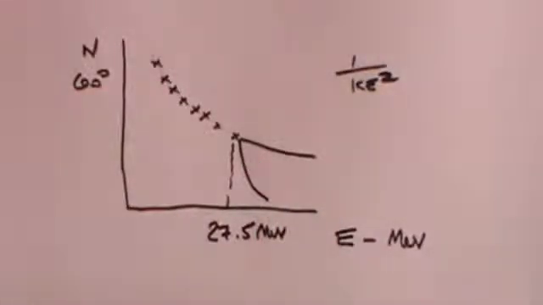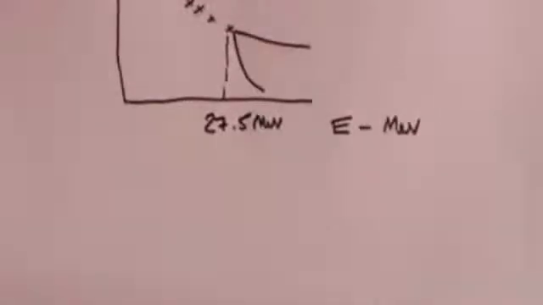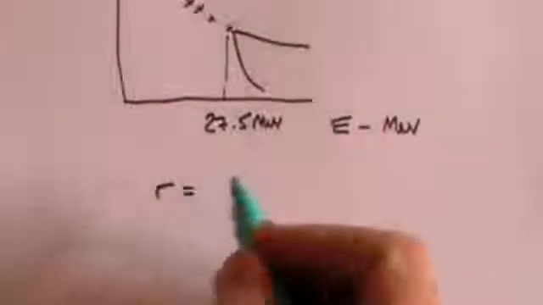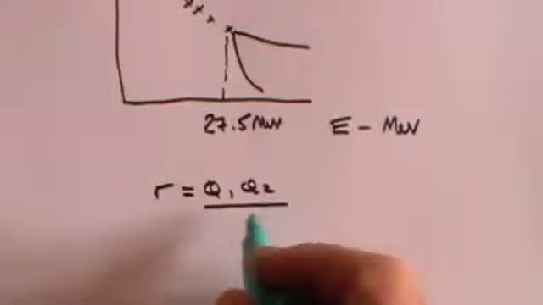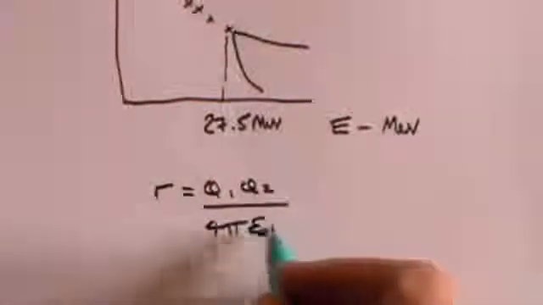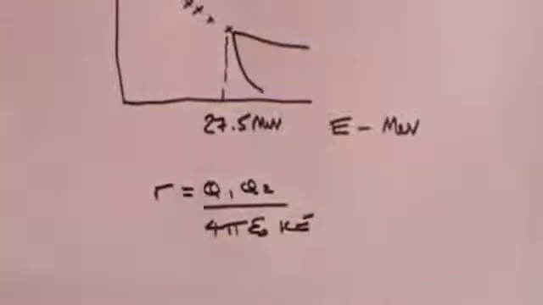So what we can say is that when the energy is 27.5, that's the point at which the alpha particle is just hitting the nucleus. And consequently R, which we always called the closest approach, now is the true radius of the nucleus. So let me just remind you what R was. It was Q1 Q2 divided by 4 pi epsilon naught times the kinetic energy.